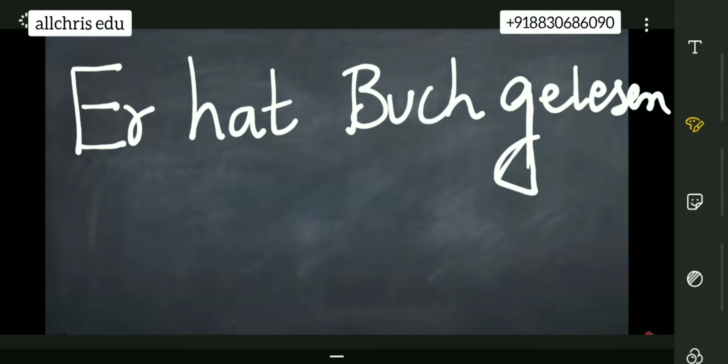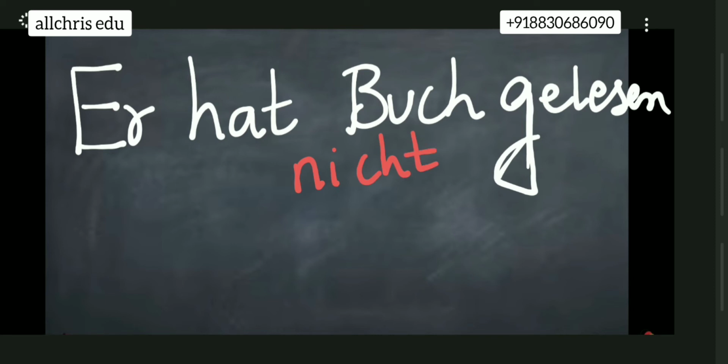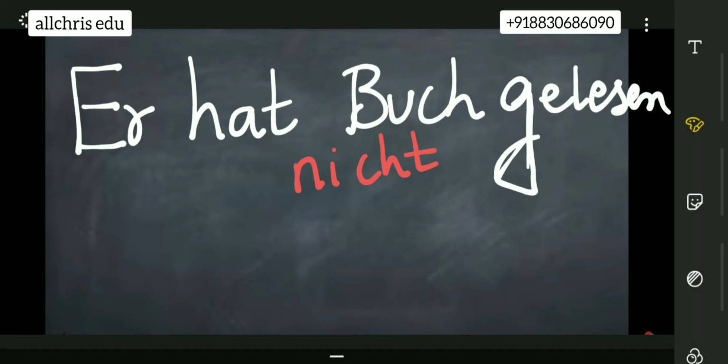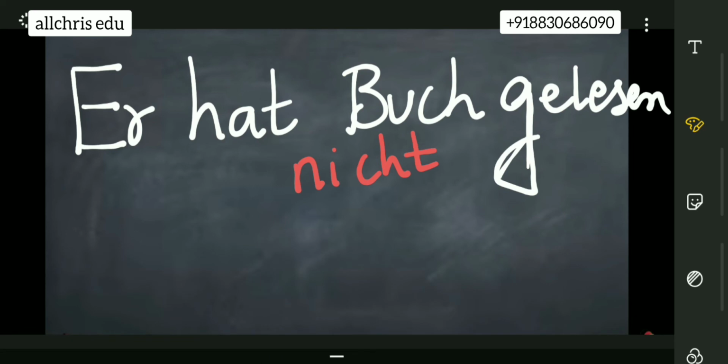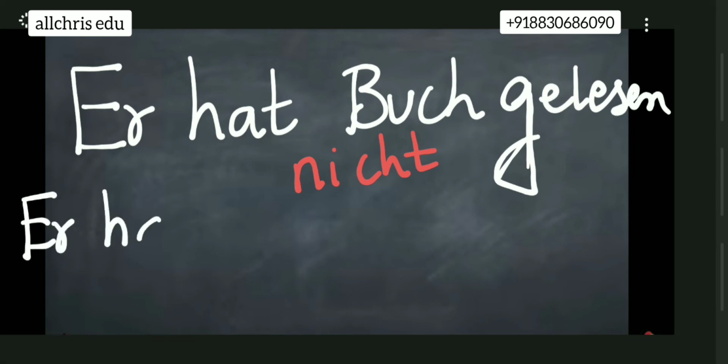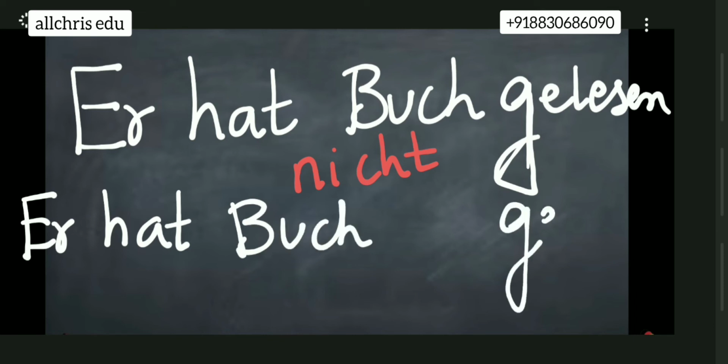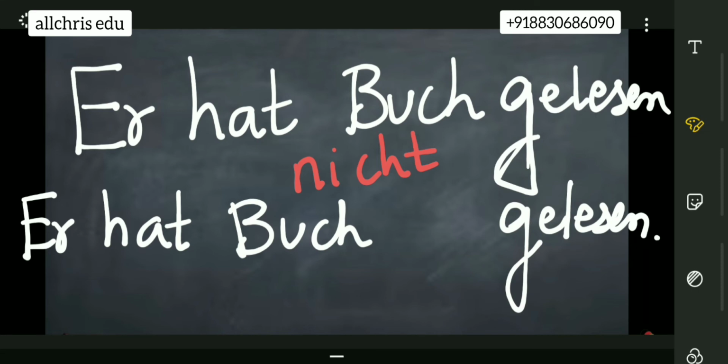Now, in this sentence, children, again, we are using the nicht word to negate a verb or a sentence. The rule tells us that whenever the perfect form comes, it comes as it is, hat Buch, and normally the perfect form comes at the end of the sentence, and just before the perfect form, you are going to use the word nicht.